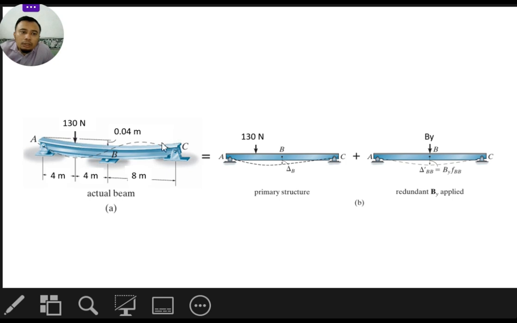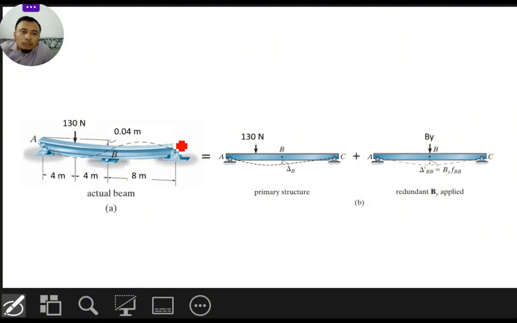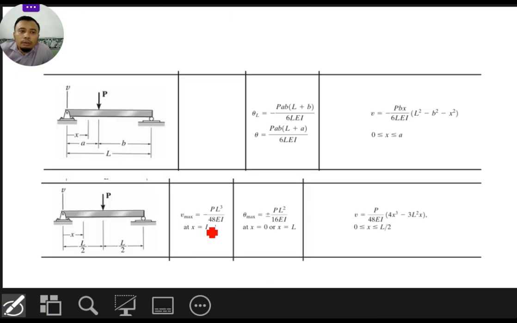So this is your A, this is your X, and this becomes your B. Okay, can you follow? This is your B.